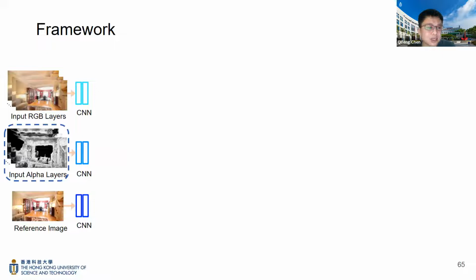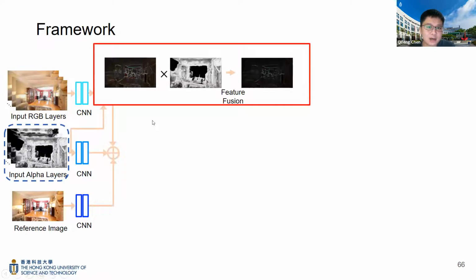then we can decode the MPI model and generate a 3D scene. So here is our model. We have some task-specific design for this MPI model. First of all, we have a feature fusion stage, where we combine the information from the input layer and the input alpha layer.